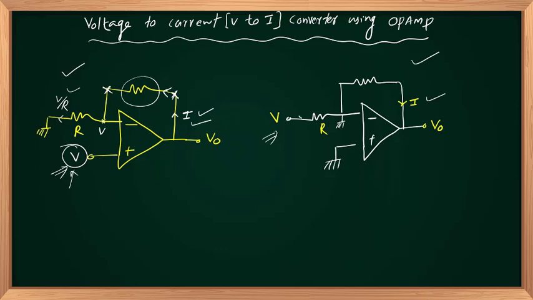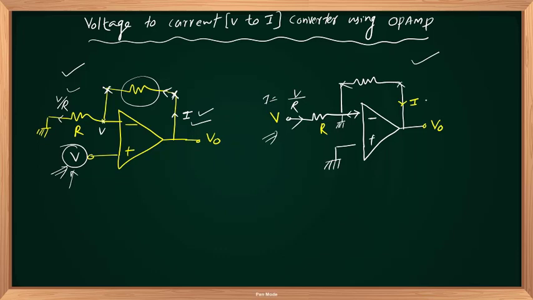The current flowing through R is nothing but (V minus 0) by R, that is V upon R. And as there is no input current into the op-amp inverting terminal, the same current I flows through the resistance connected in between output node and inverting input terminal. So that current is nothing but I equal to V by R.